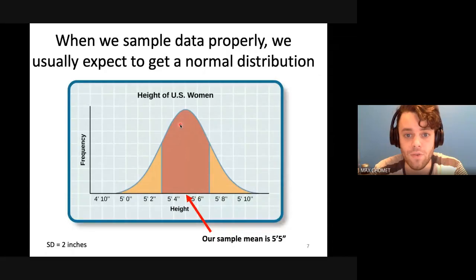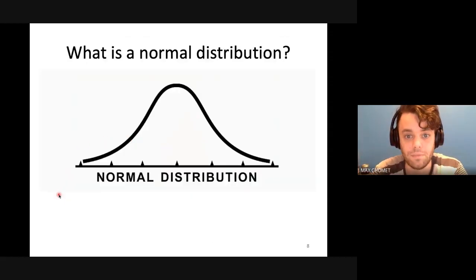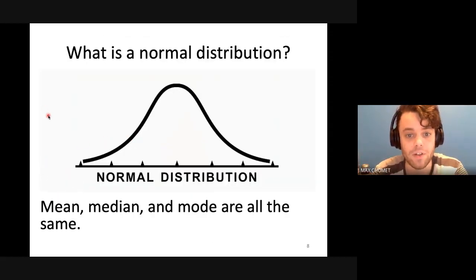And then as you get further and further away from the middle, there are fewer and fewer women at each height. Are there women who are 5 feet tall? Yeah, I know many. I'm related to many of them, but they're fewer. And so that's getting further and further away from our mean. And this is called a normal distribution when we have this shape where it's concentrated in the middle and then tails off at the sides. So that's when our mean, median, and mode are all the same.